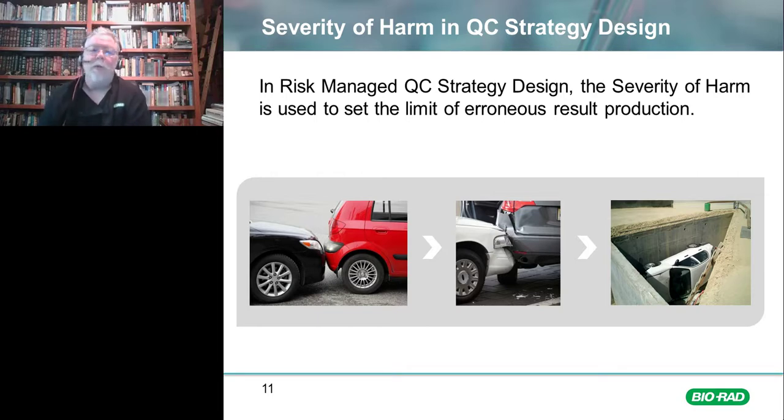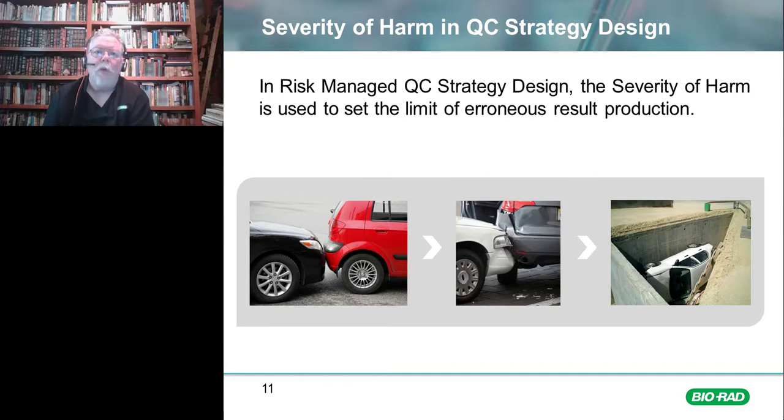Even with a fender bender like the one in the middle, you have a higher tolerance than when your car is completely inoperable and is going to take some serious help to make it work again. So that's the idea behind the severity of harm concept for QC strategy design.